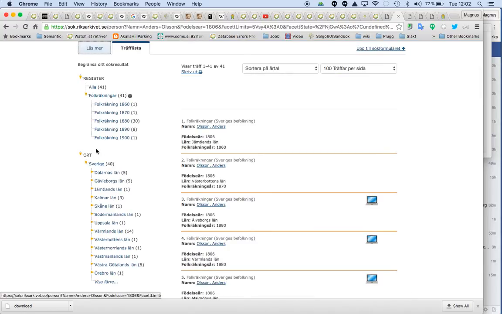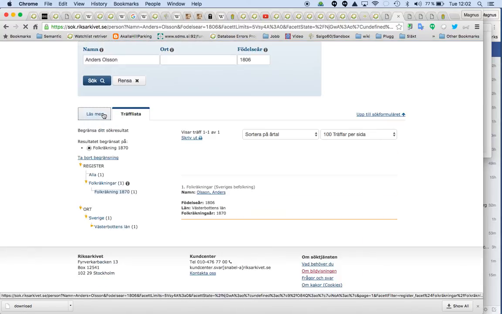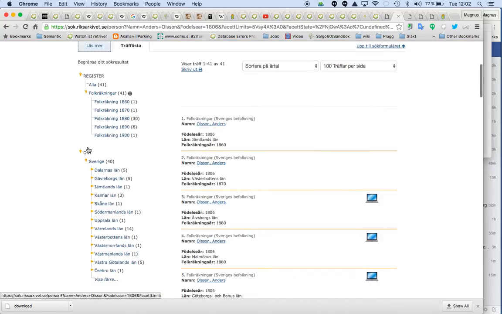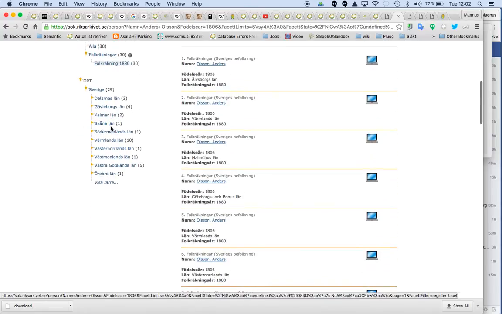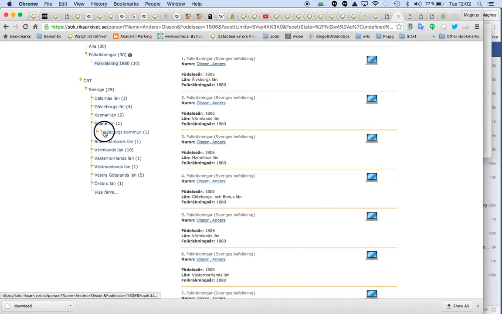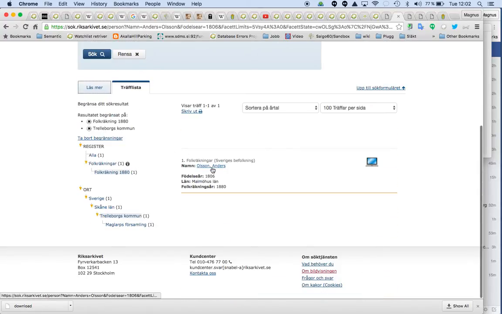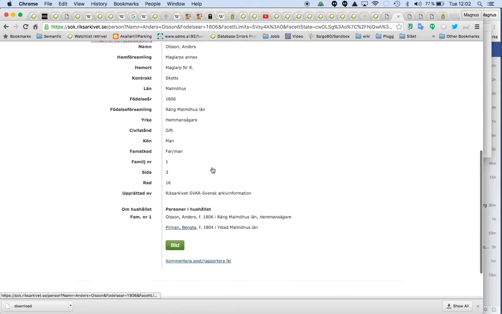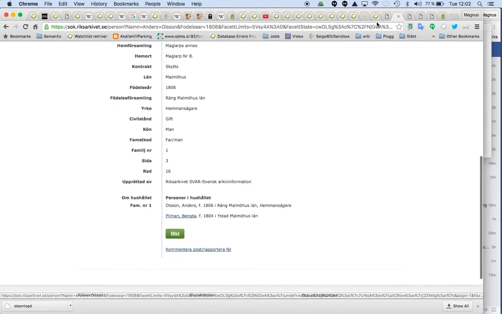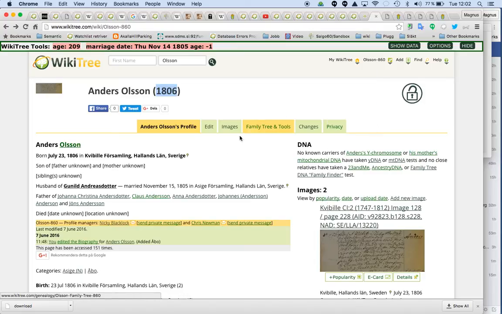In 1860, I think the later ones are bigger census. Anders also, why don't we have? We have 30 people here. And we have one from Skåne, Trelleborg. Bengta Pilman, but that's not ours. No.